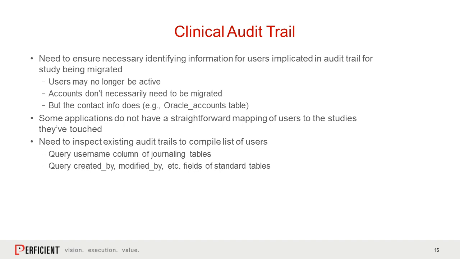You just need the contact info to ensure 21 CFR compliance, so that when some audit trail says modified by, it has a username, you can map that username to an actual identity. You map it to some contact info. I mean, that's kind of how we interpret the concept of an identity, is that you have the contact info and you could reach out to the person if needed.